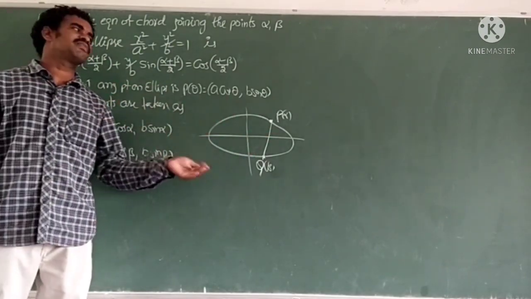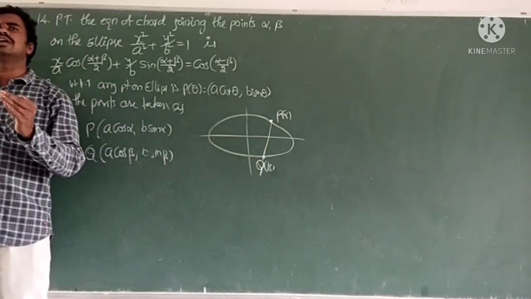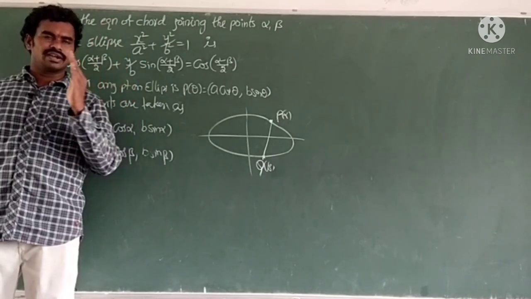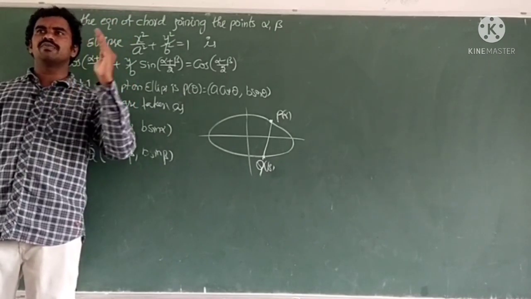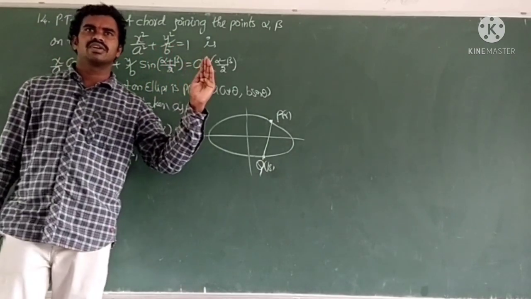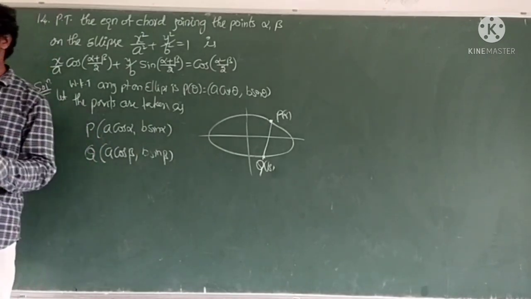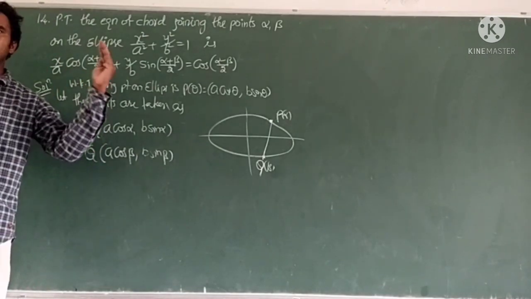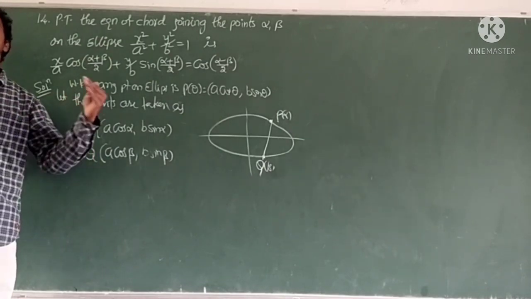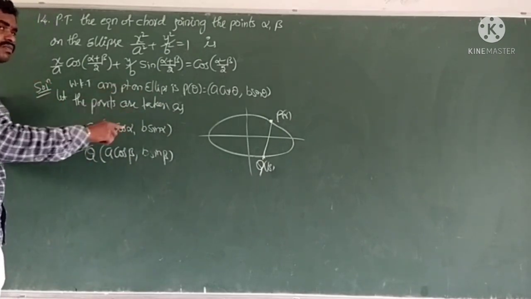So what is the line equation passing through 2 points? y minus y1 equal to y2 minus y1 by x2 minus x1 into x minus x1. Otherwise, first we should find the slope using 2 points, m equal y2 minus y1 by x2 minus x1, then after that use the formula y minus y1 equal to m into x minus x1. Okay, so what is the line equation passing through 2 points?